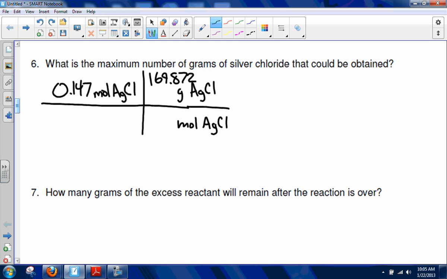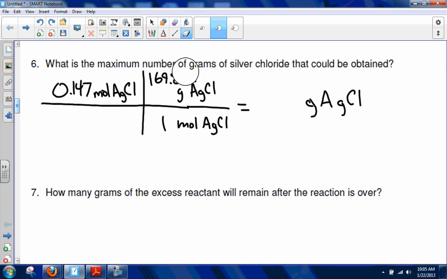Should be writing this down. Multiply straight across on the top. 0.147 times 169.872. Oh, we didn't calculate this one yet, did we? We've got to do the molar mass of AgCl.